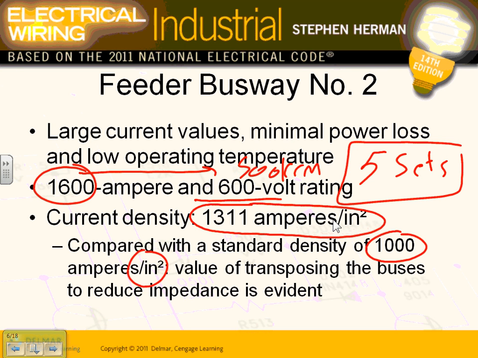For the same square inch of copper, I can carry 311 amps more if I use this system. It's a better use of the system. That's another application where you can use busways.